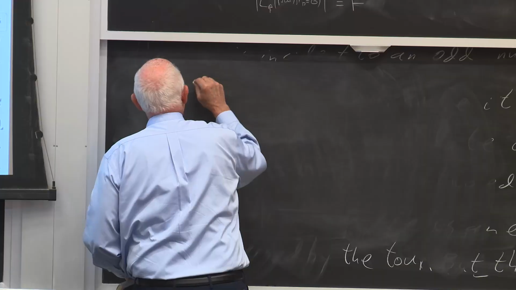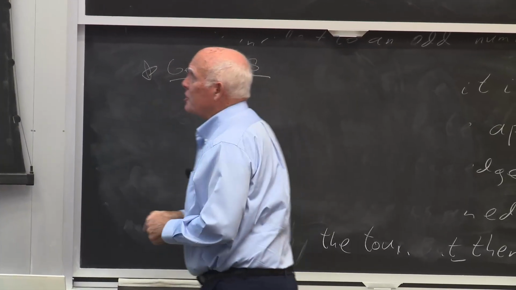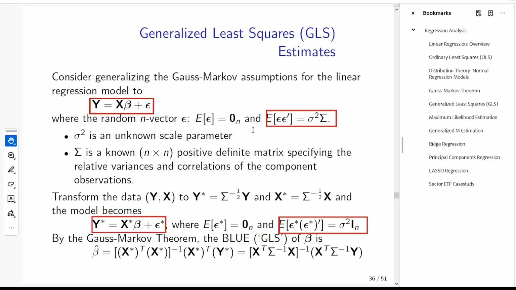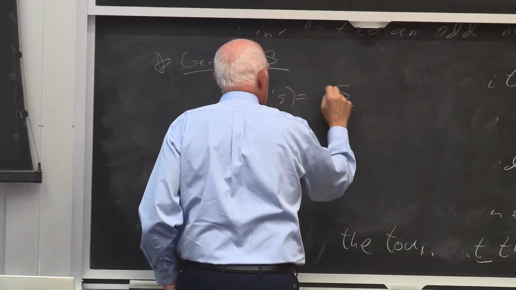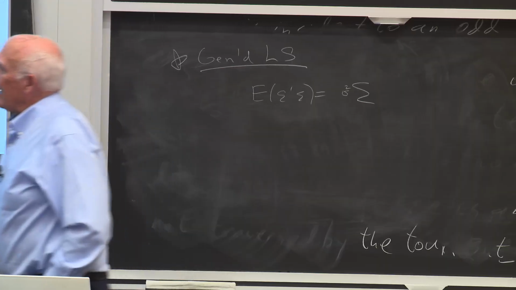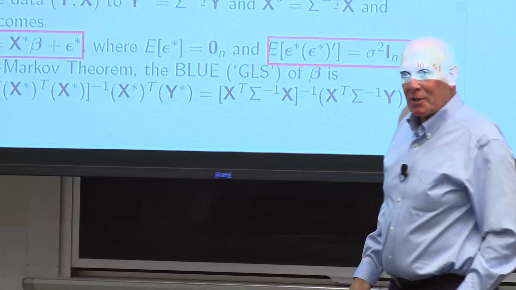So generalized least squares. With generalized least squares, we have an error vector whose covariance is not the identity times sigma squared, but some base matrix sigma times little sigma squared. And with this setup, we can actually transform this regression model into one which satisfies our Gauss-Markov assumptions.